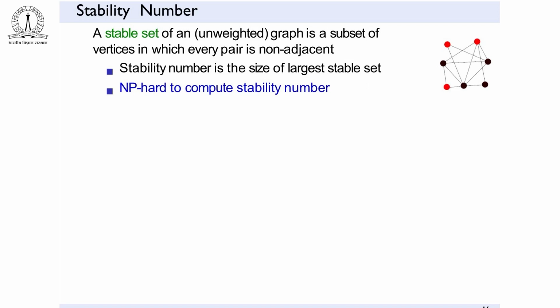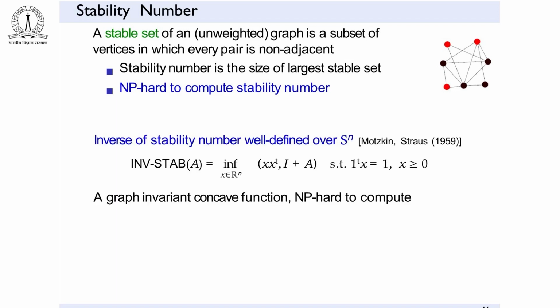So if I take that graph, the red vertices form a stable set because no two vertices there are adjacent to each other. The stability number of a graph is the size of the largest stable set. And in general, this is also NP-hard to compute.